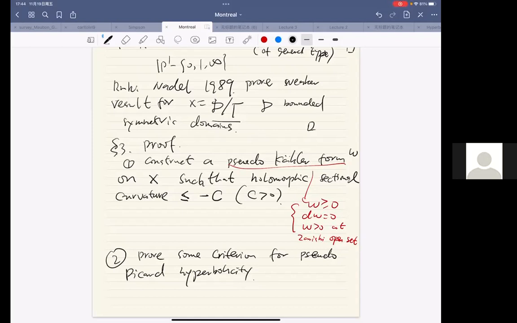But here the metrics are only defined on X, with no information on the boundary. If you take X bar to be any compactification of X, we only know that on X there is a pseudo-Kähler form, but we have no information on its behavior on the boundary. Then we need some work to overcome this problem.